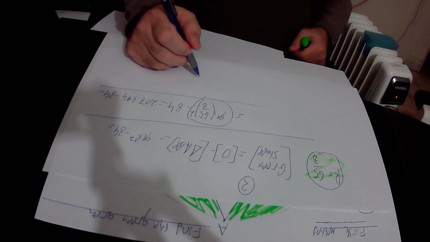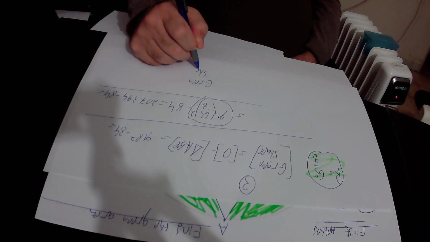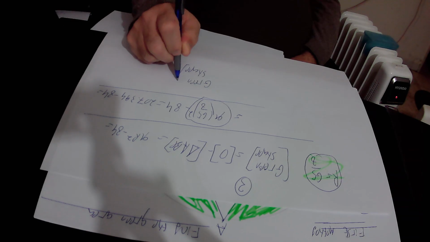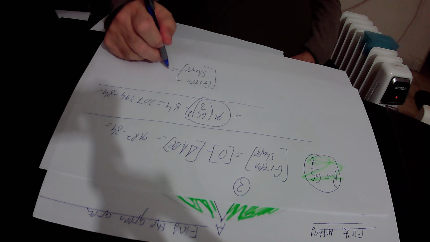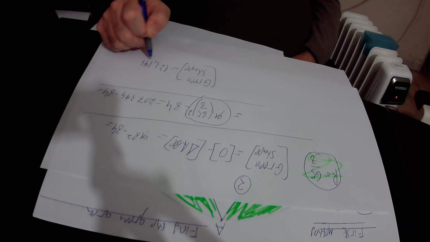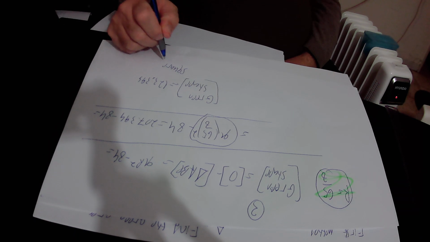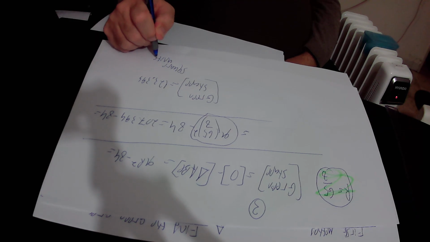So in conclusion, we found out that the area of the green shape in total is equal to 123.394 square units. And that is the answer to the question.